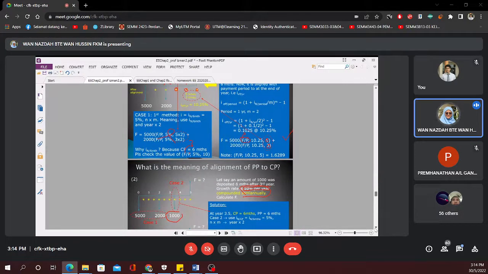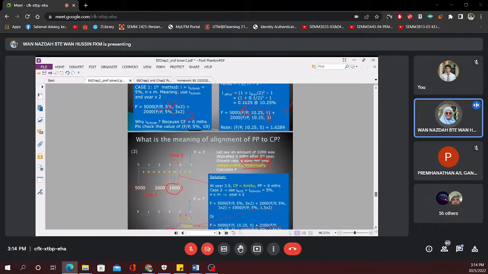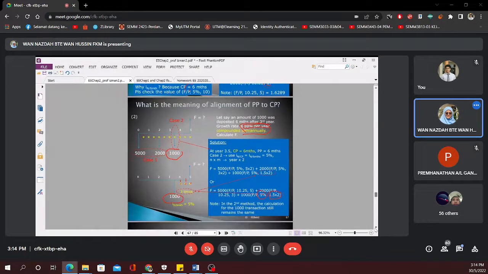Okay. So let's go for another one. The growth rate or interest is 10% per year, but it is compounded semi-annually. So in this case, your compounding period is 6 months.